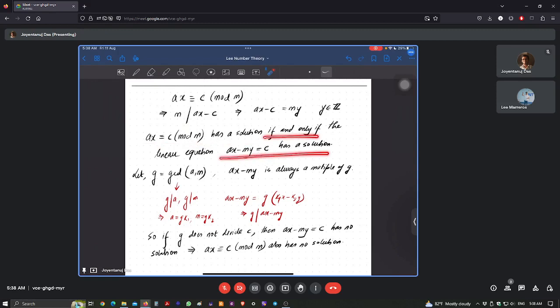So if I can show that this does not have a solution, this implies that the congruence also does not have any solution. That is why we take G to be the GCD: if G does not divide c, the original congruence does not have any solution.